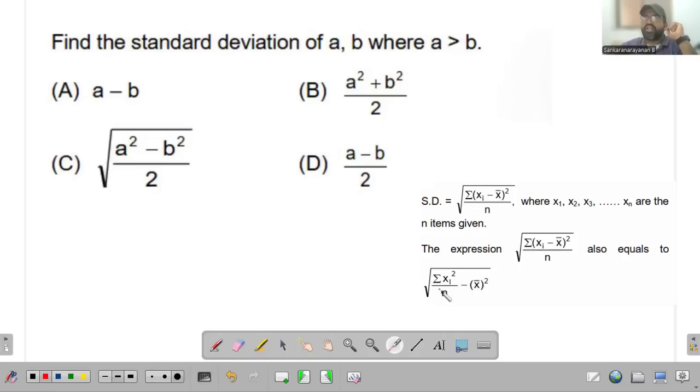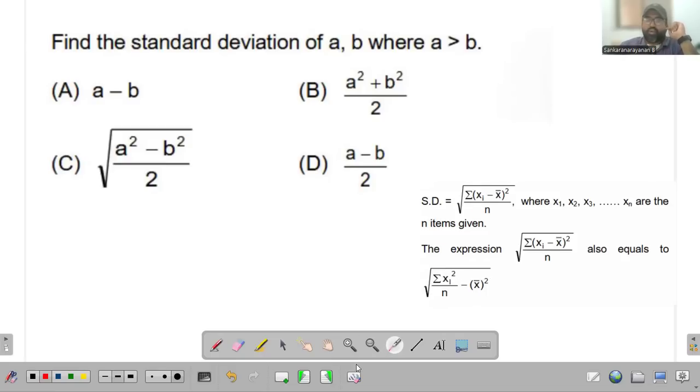Also, standard deviation can be calculated using this formula: square root of summation xi square upon n minus x bar square. With the help of a problem I shall explain this, but for the time being, please consider these two formulae.